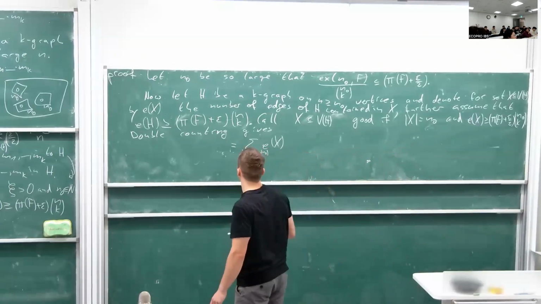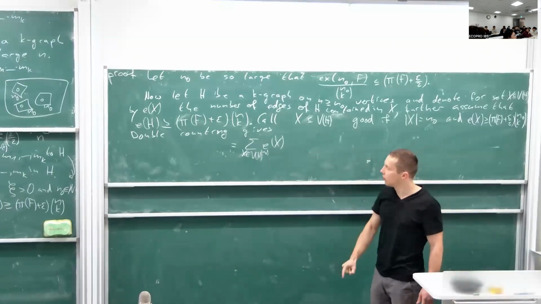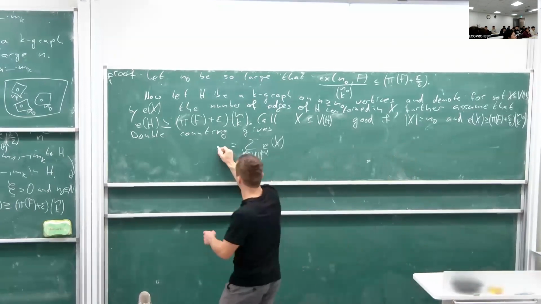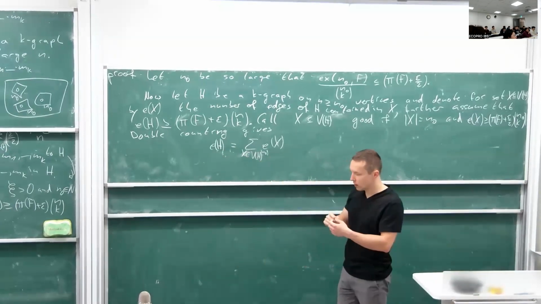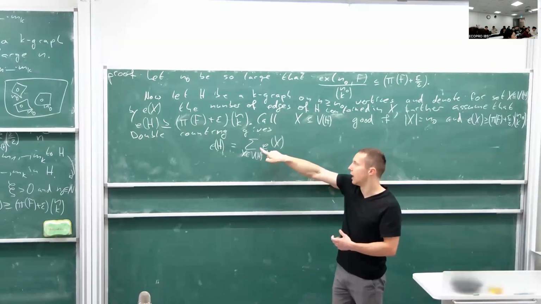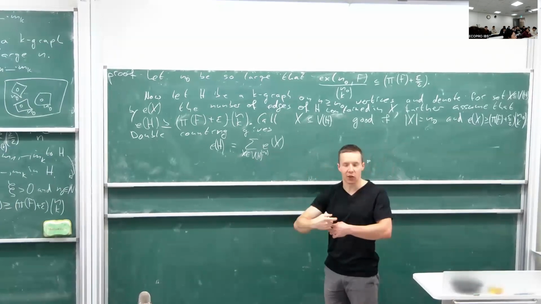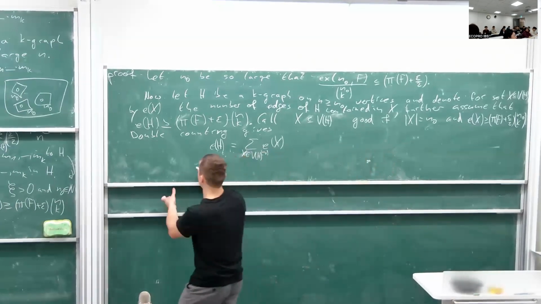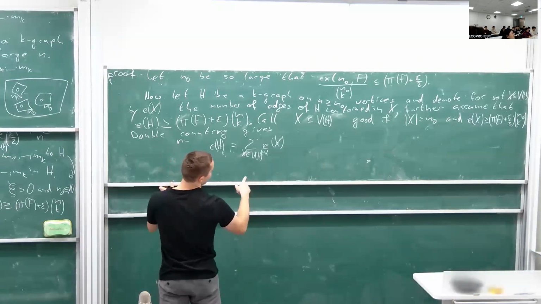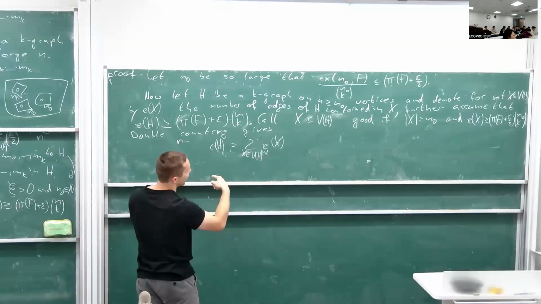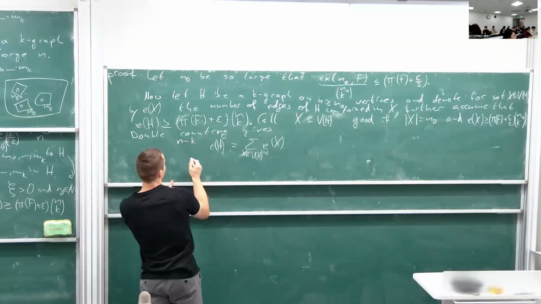So on the one hand, how often do we count each edge of H? Here we get the number of edges in H, but now we count each edge as many times as we can extend it to a set of size n0. And how many ways are there?